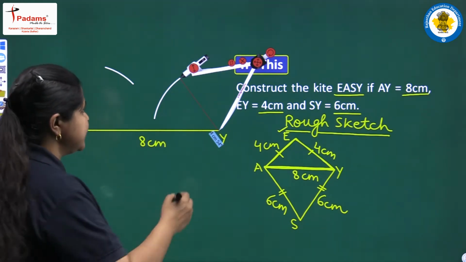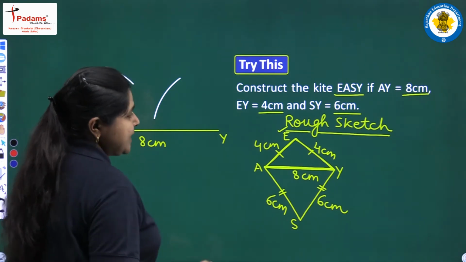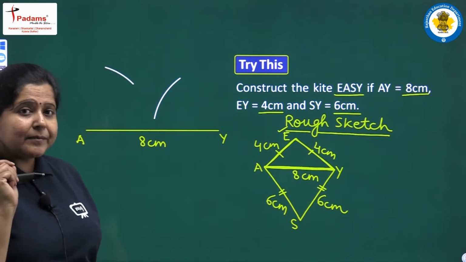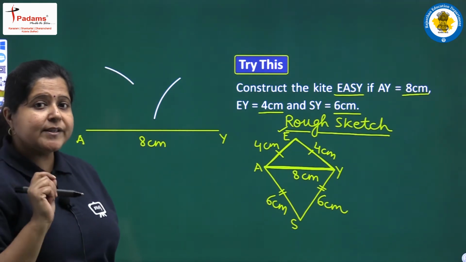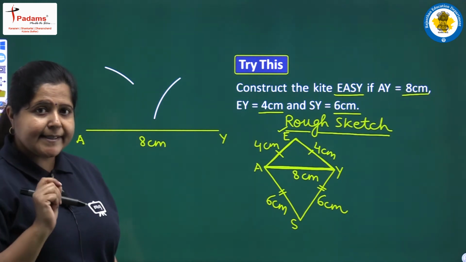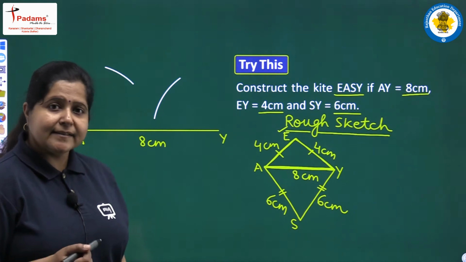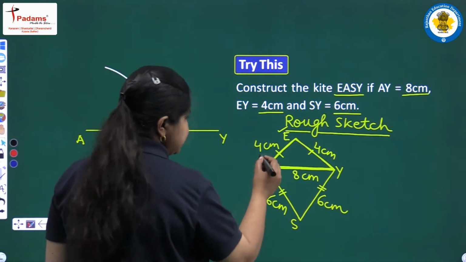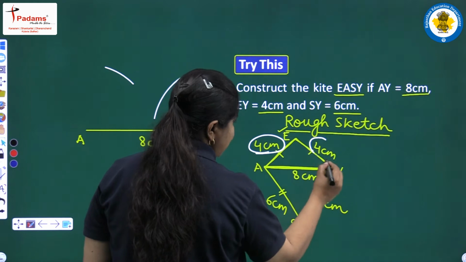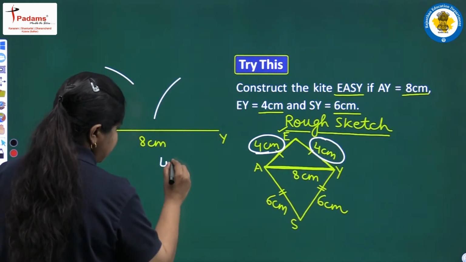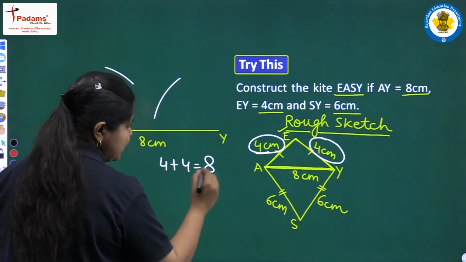Why is it that this is not getting constructed? Because here one property of a triangle is not being applied. It says that the sum of 2 sides of a triangle is greater than the third side. But here if we add these 2 sides, 4 and 4, what do we get? It's 8 only.